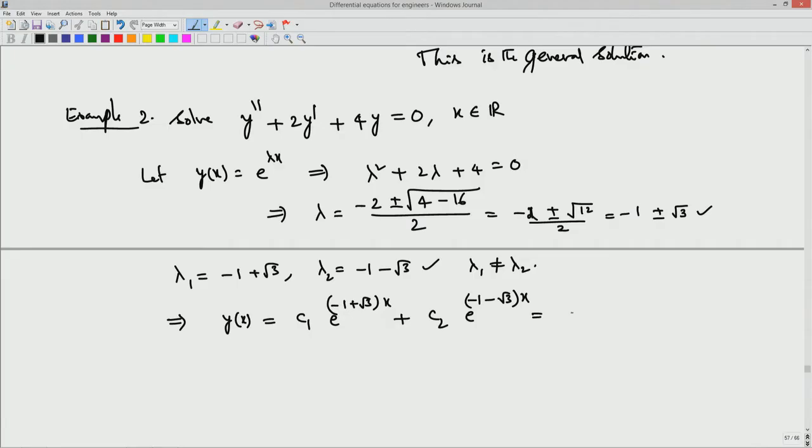This is actually equal to, you can take e power minus x common in both terms, so you have C1 e power root 3x plus C2 e power minus root 3x. This is the general solution.